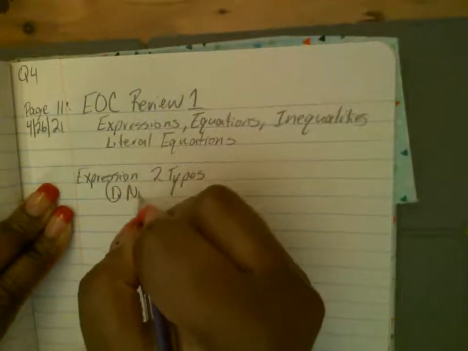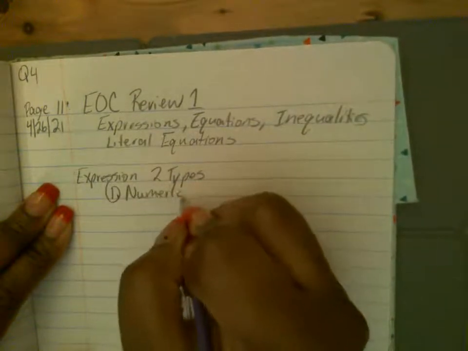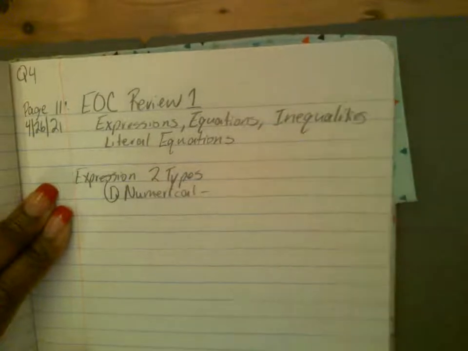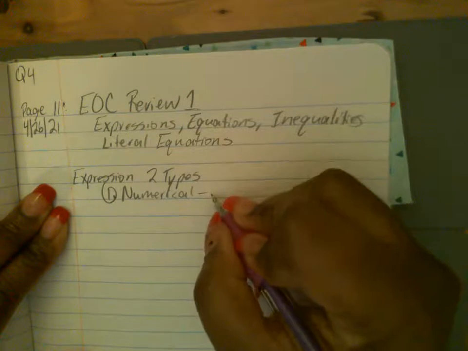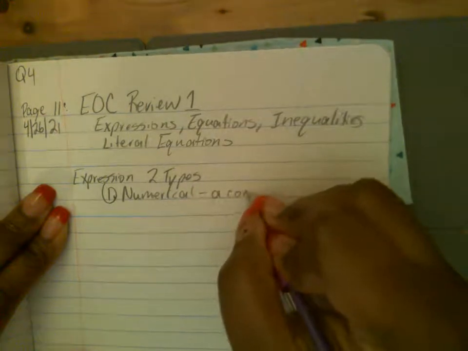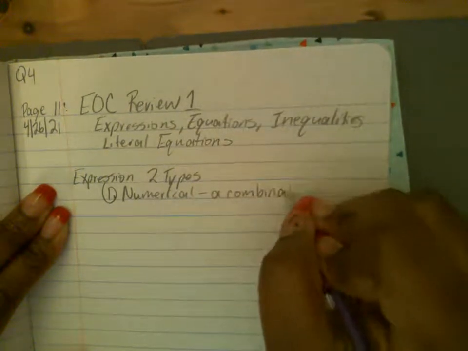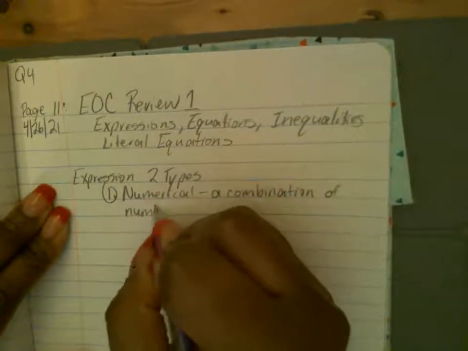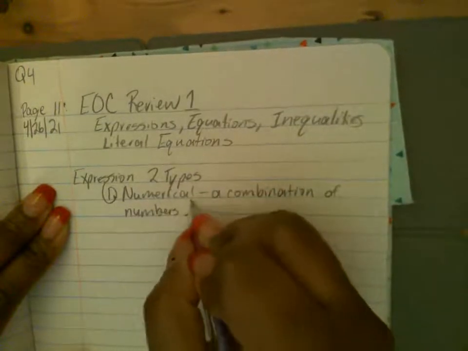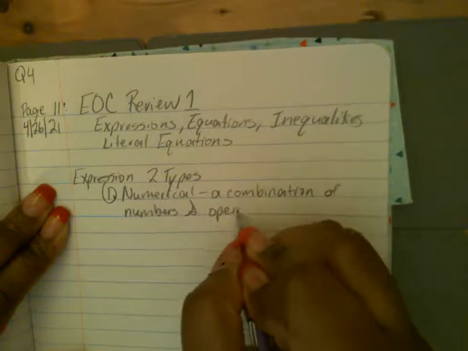We got numerical expression. A numerical expression is where you have a combination of numbers and operations.